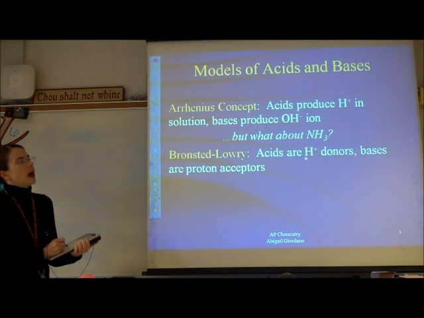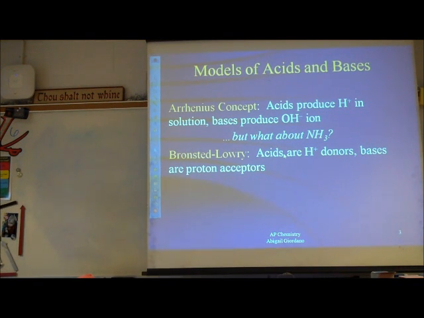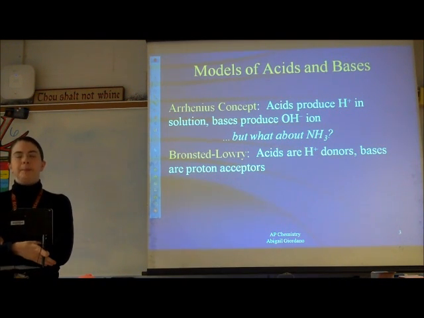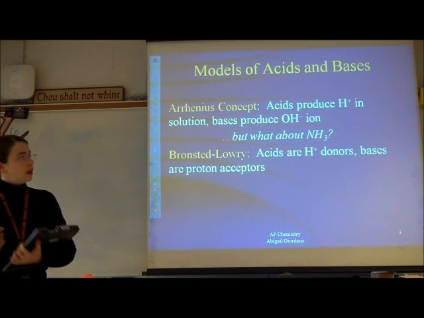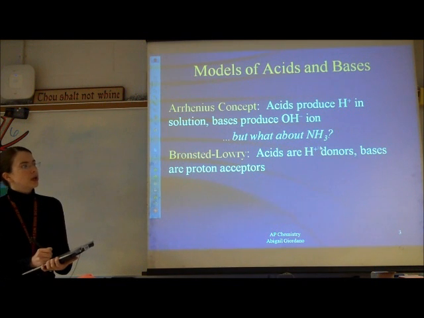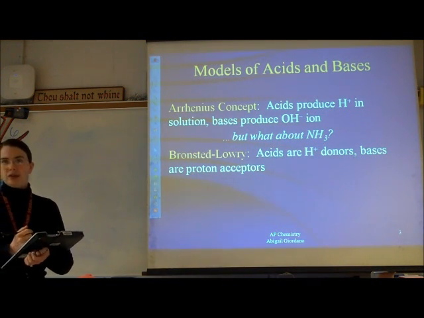Okay, now before I read it to you, I want to call your attention to something. A hydrogen ion, I want you to think about what that actually is. How many protons does a hydrogen ion have? One. Hydrogen has no neutrons, and if it has a +1 charge, that means it has lost the only electron that it did have.